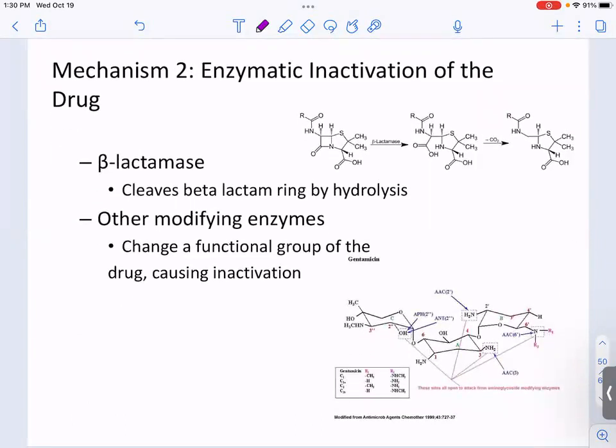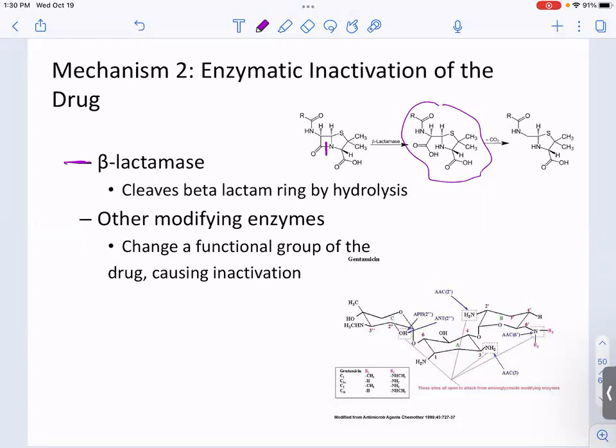Mechanism 2, this is one that we've talked about before. Bacteria acquire the ability to make an enzyme like beta-lactamase. So remember what beta-lactamase does, it cleaves that beta-lactam ring right here, opens that up. So now it no longer is going to fit in the active site of that transpeptidase enzyme.